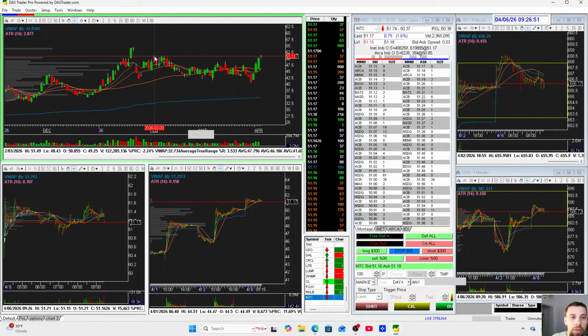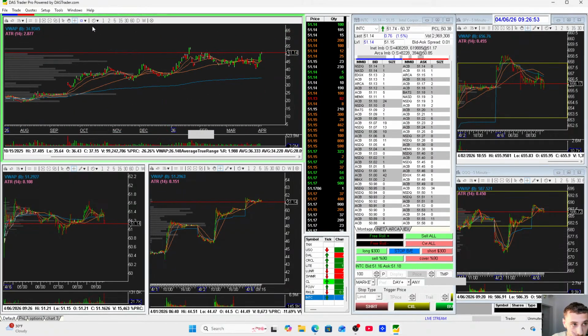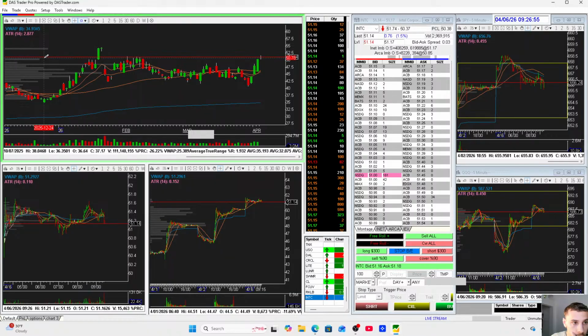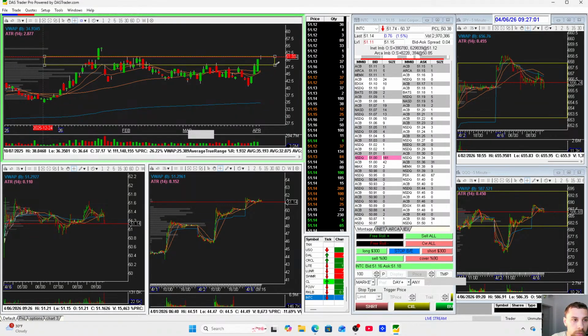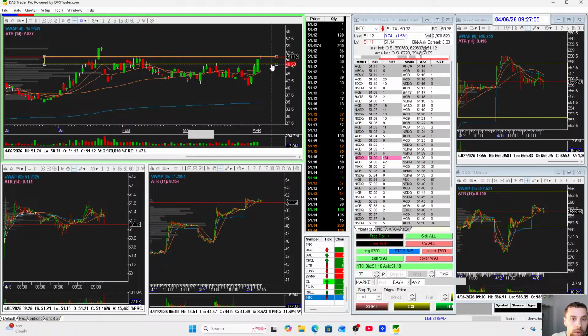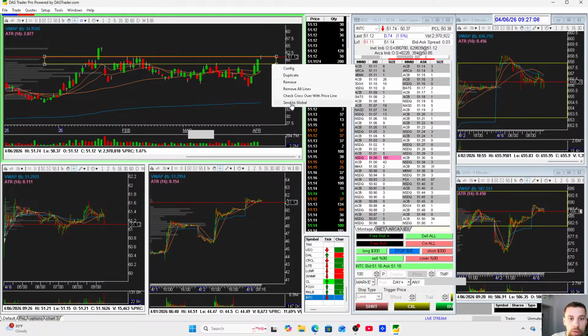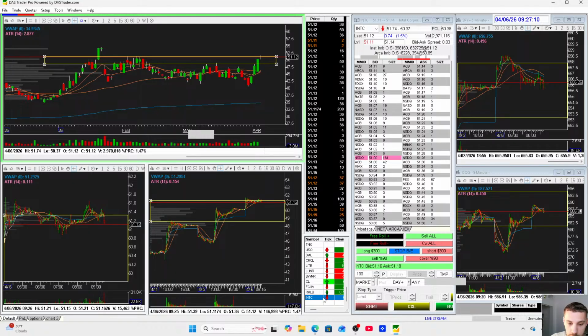INTC's testing this range here. This is interesting as well. Get the box going there. 5133 area of support or resistance. Area of support 4891. Looks good.